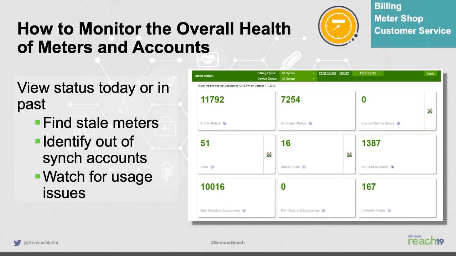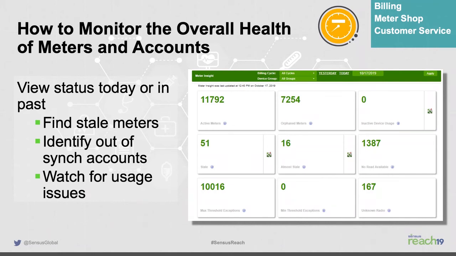And then also another example is issues with usage. So we have a max threshold exception, like for water that would be, on a per account basis, you can have a high threshold warning. And so if it exceeds that, then you have a list of all the customers that you may want to contact and say, you have a lot of usage this billing cycle.